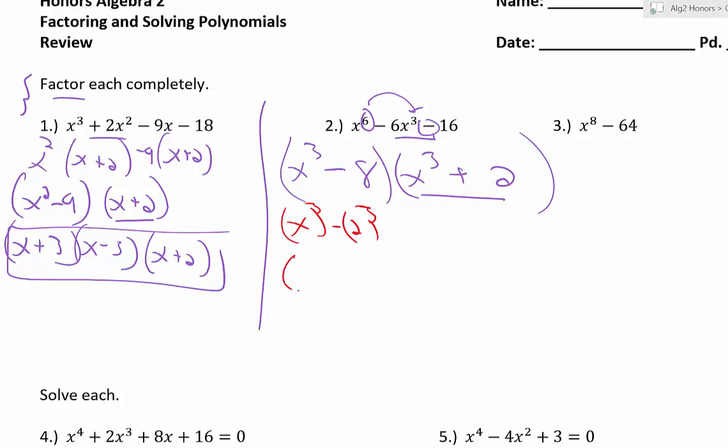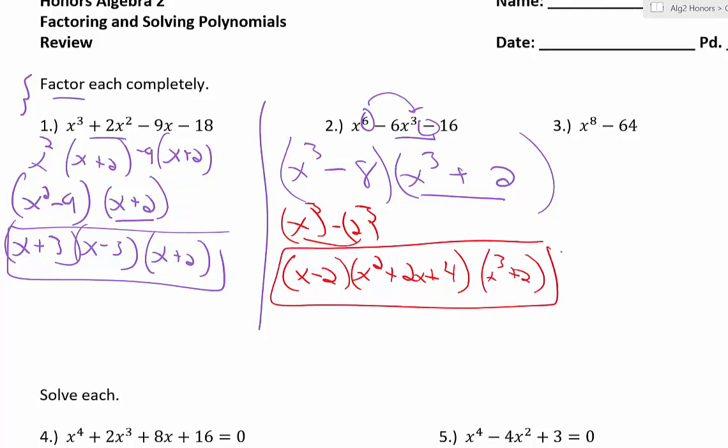So we'll use x minus 2 times x squared plus 2x plus 4, as we use the first term squared, the two terms multiplied, and then the last term squared, along with x cubed plus 2. Then we have our final answer.